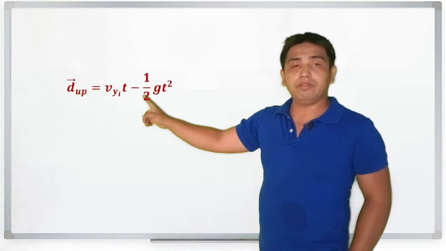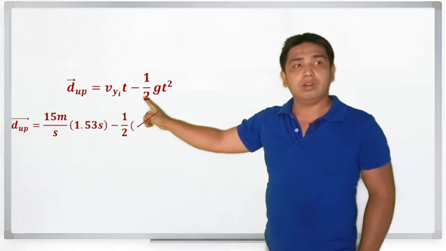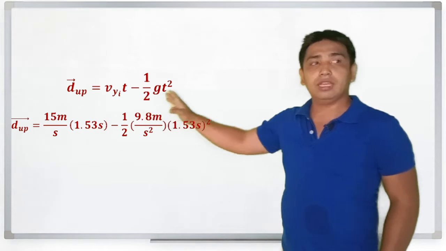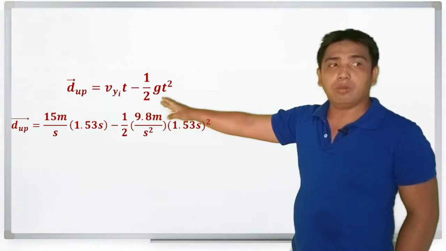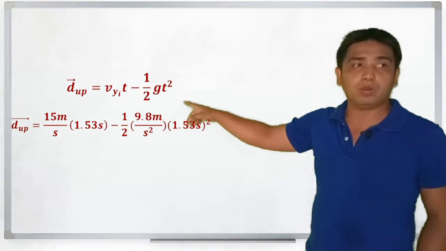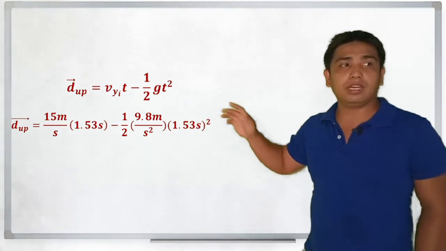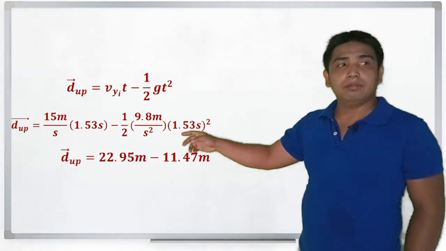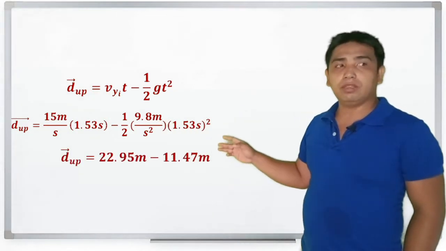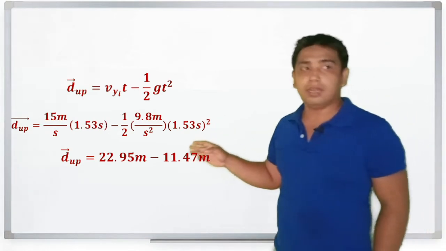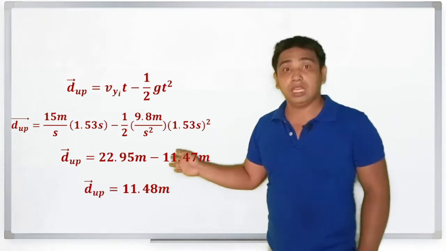That's gonna be 15 meters per second times 1.53, alright, minus 1/2 times 9.8 meters per second squared times 1.53 squared. That's gonna be 22.95 meters minus 11.47 meters. So that's gonna be the maximum height is 11.48 meters.